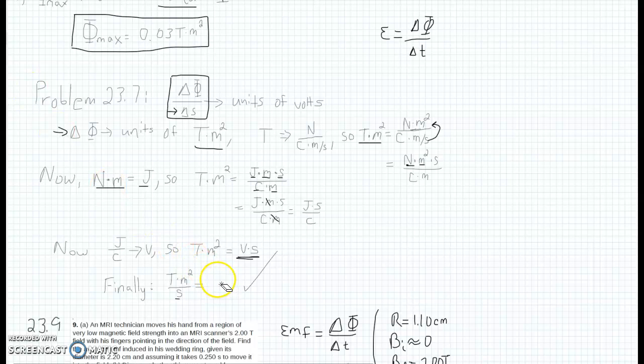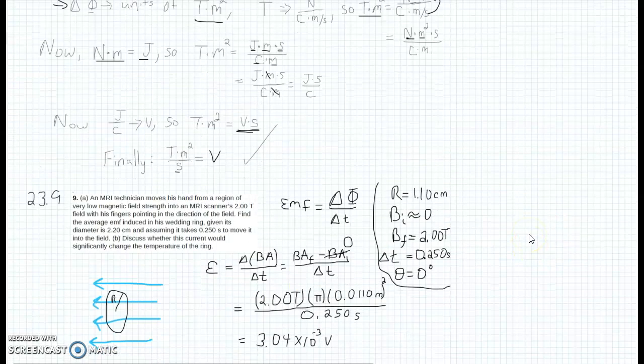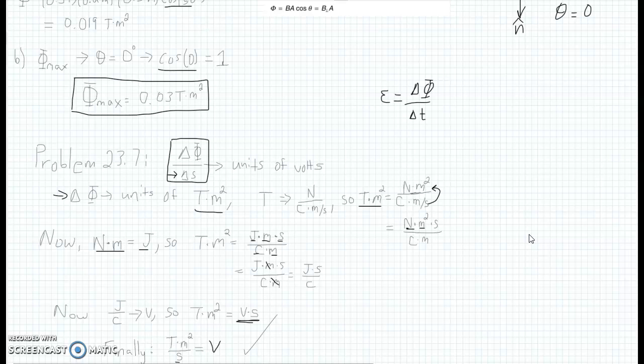So that is how to show that the units on the change in flux over time is in fact volts. Okay, so that is problem 23.7.